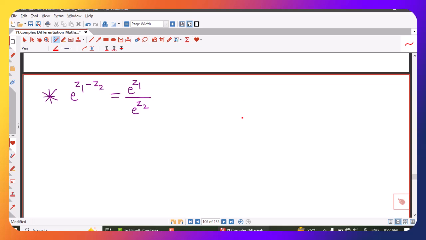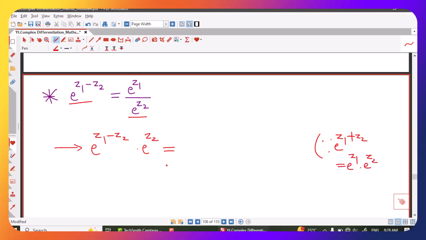So we want to prove this now. We will prove that if we multiply these two, then we will obtain e raised to z1. We start with the product of e raised to z1 minus z2 and e raised to z2. For this we can use the property we just discussed: e raised to z1 plus z2 is equal to e raised to z1 times e raised to z2. So in the power of e we write the addition of z1 minus z2 and z2.